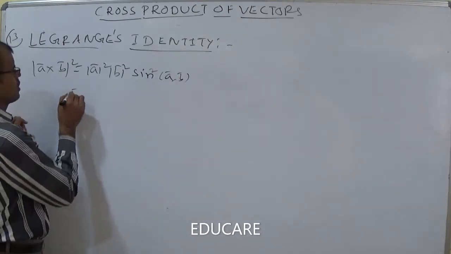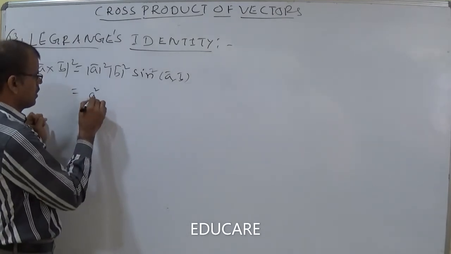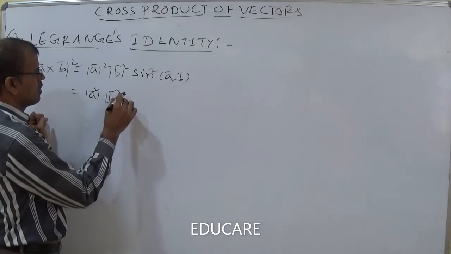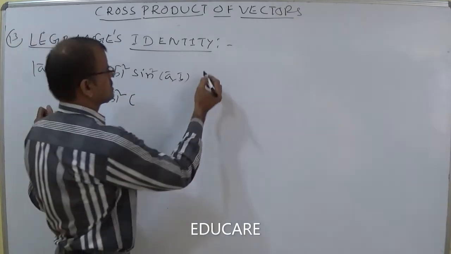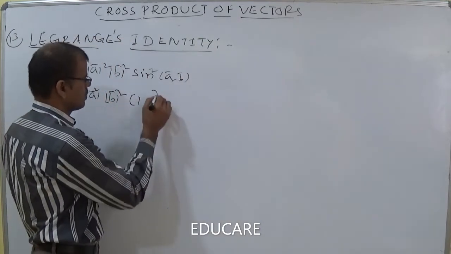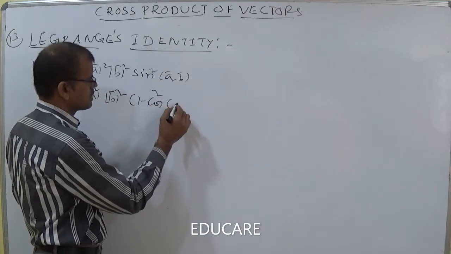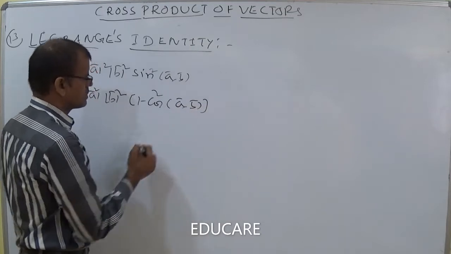So mod A square into mod B square into sin square theta, and sin square theta becomes, by the formula, 1 minus cos square theta.